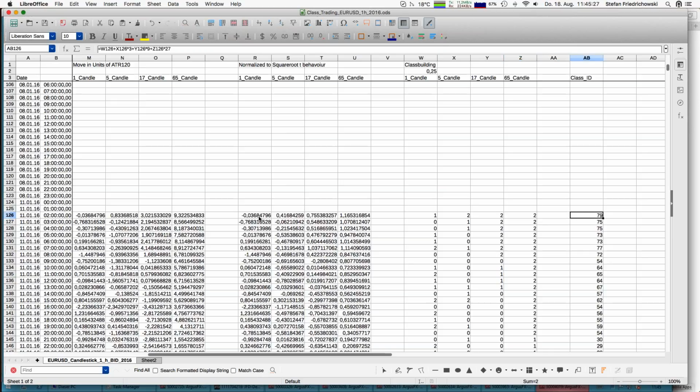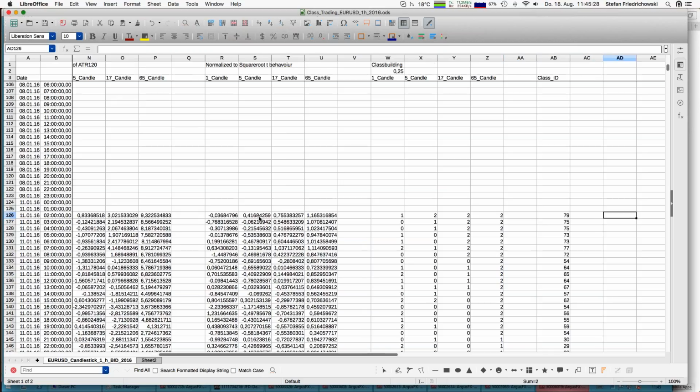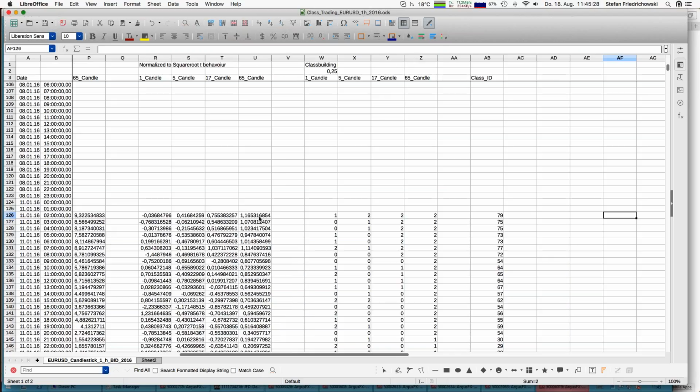And what I can do now is I can simply calculate a class number. That's only for technical reason. Technical reason means I want to have one situation assigned to one number. And in this case, for this first example, I have the number finally 79.